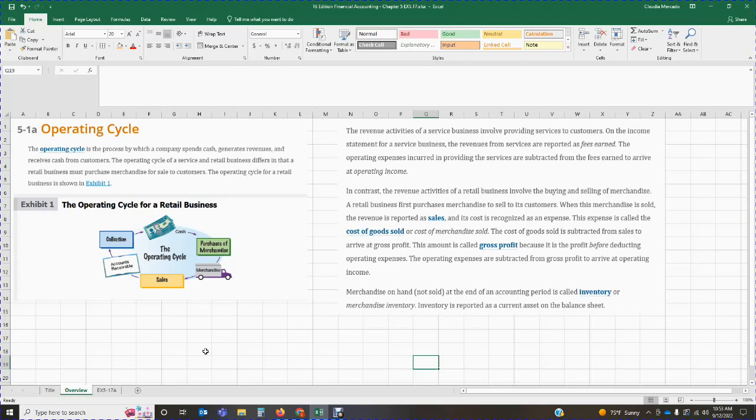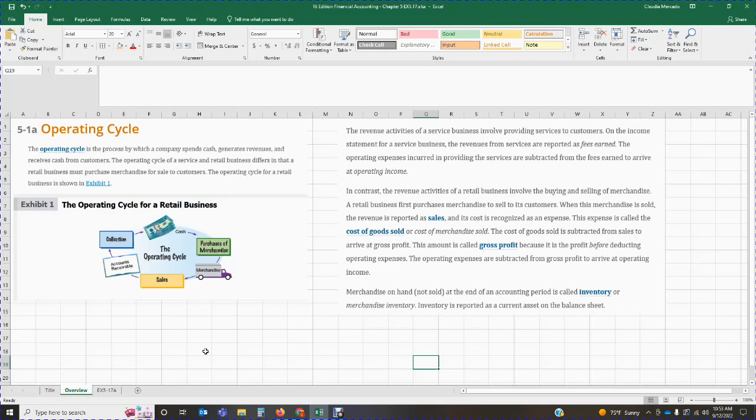In this particular chapter, like I said, our goal is to become familiar with the transactions dealing with retail businesses, okay? In our prior chapters 1 through 4, the revenue activities associated with the service business involve providing a service to customers. These are the kind of businesses where they cut hair, your banks provide a service, your doctors, your accountants, your lawyers, they provide a service.